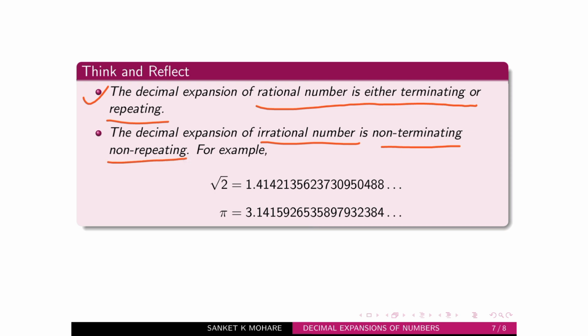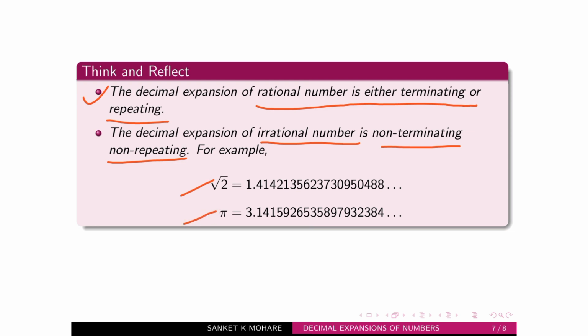For example, root 2 is equal to 1.41412356237309504888 and so on. Pi is equal to 3.141596535897932384 and so on. So root 2 is an irrational number, pi is also an irrational number.